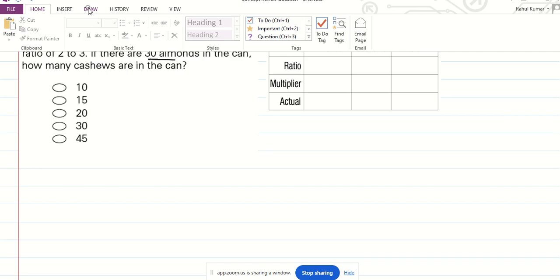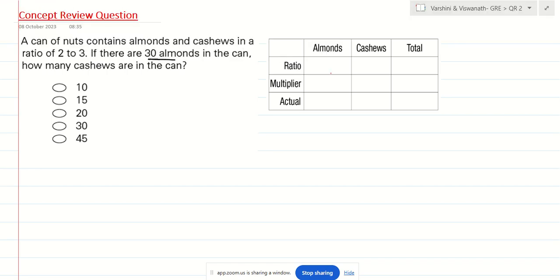So see here, drawing a box becomes easier for us. The ratio of almonds to cashews is given as 2:3. What is the total ratio we will have here? 5 parts. Also given are 30 almonds in the can, so the actual value given here is 30. Using this 2, can you find the multiplier? 15, that's all.